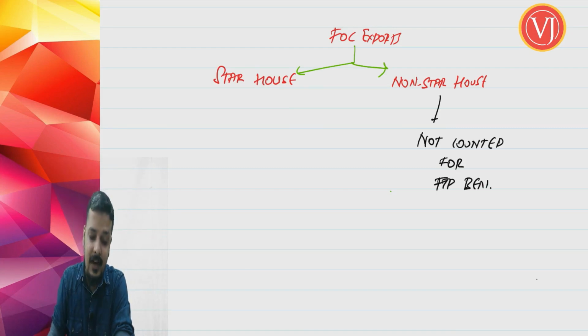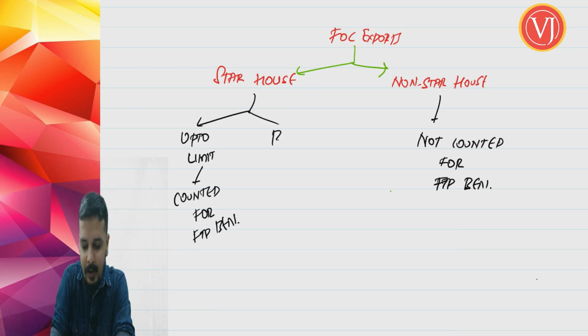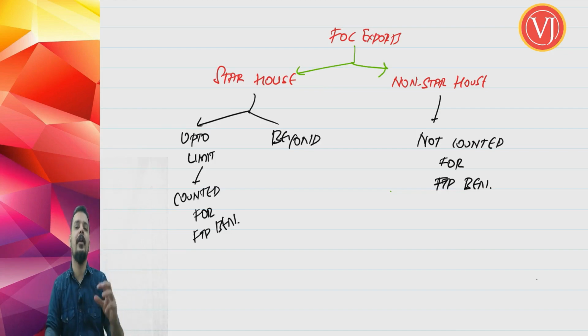And friends, if it is a star house category, up to the limit that we have discussed, it will be counted for your foreign trade policy benefits. And beyond that limit, whatever limit that we have discussed, the normal limit is 2% of average annual export realization during 3 financial years, normal sector.